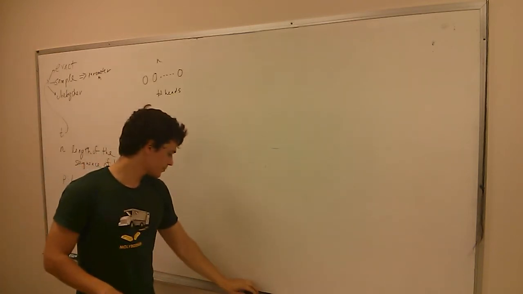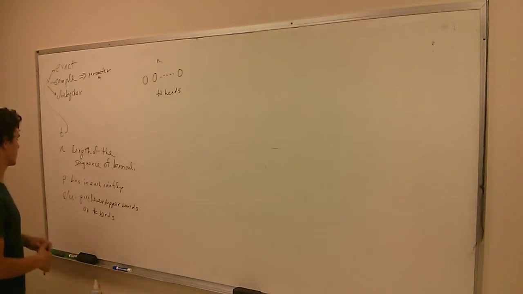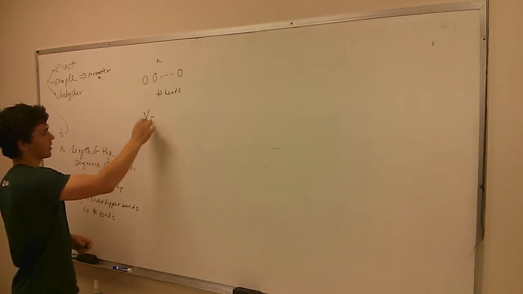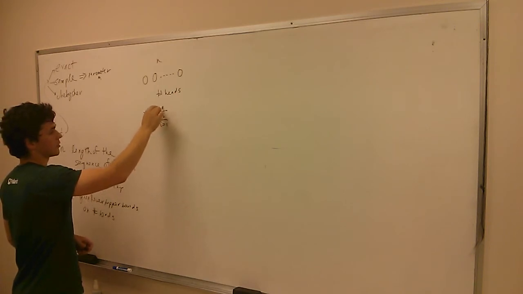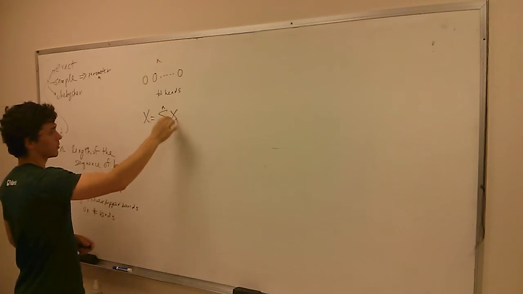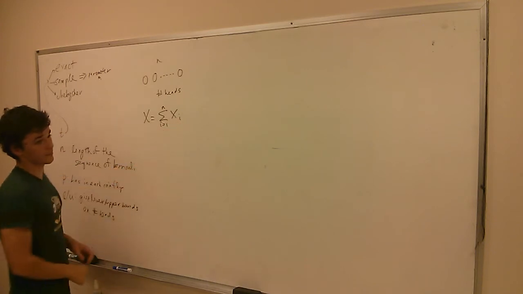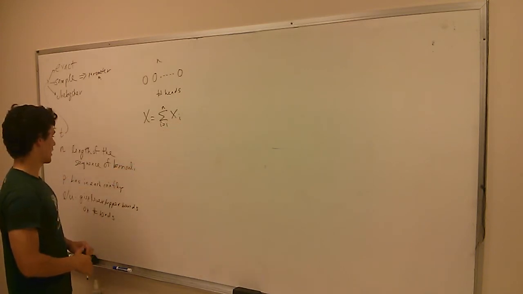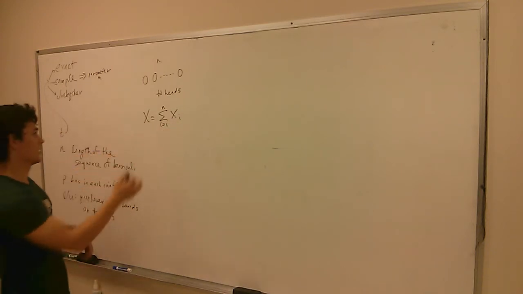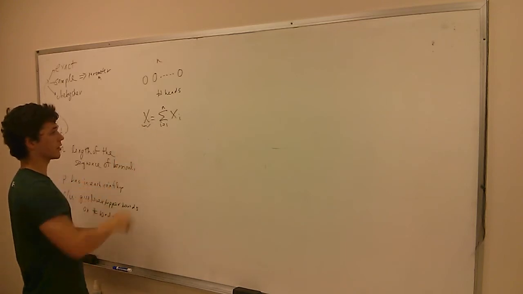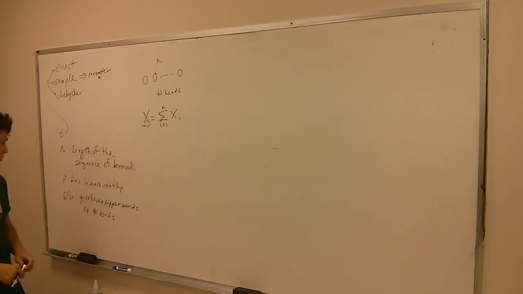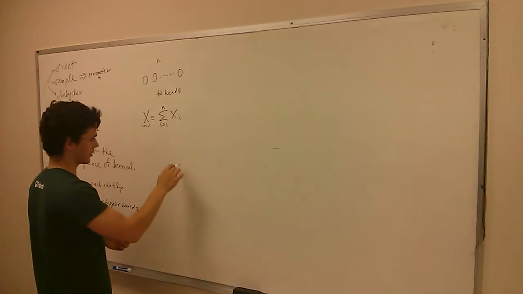Okay, so how do we formalize this mathematically? We can write this as a random variable x. This is the sum over Bernoulli random variables xi. And now we want to make computations about this random variable x, right? So the distribution of x is going to look something like this.